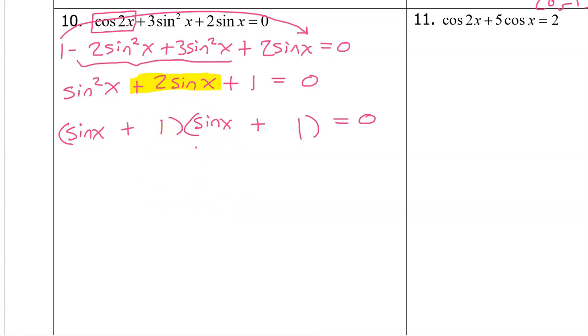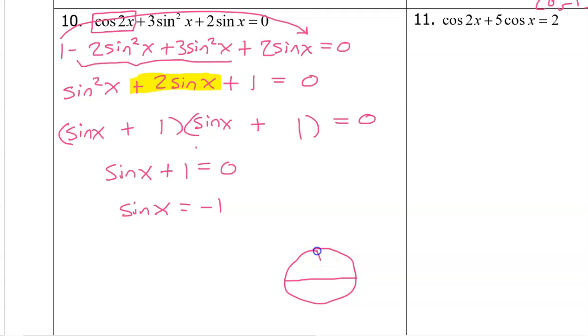We will use the zero product property and set each factor equal to 0, except these are actually both the same thing, so we don't need to do it twice. So I'm just going to take the sine x plus 1 and set that equal to 0. Subtracting 1 from both sides, we have sine x is equal to -1. This is going to be a quadrantal angle.